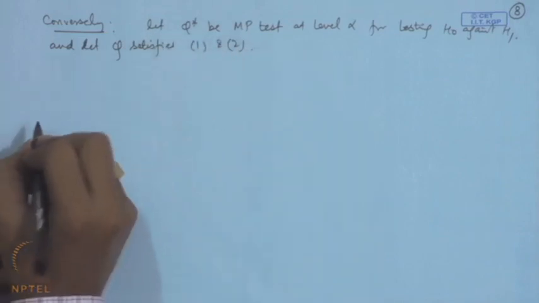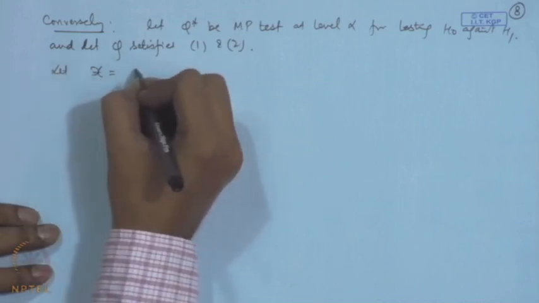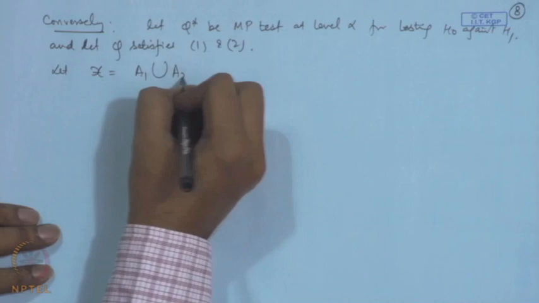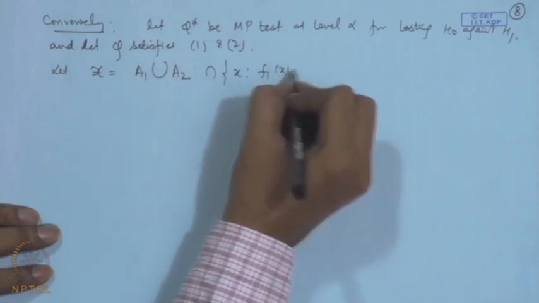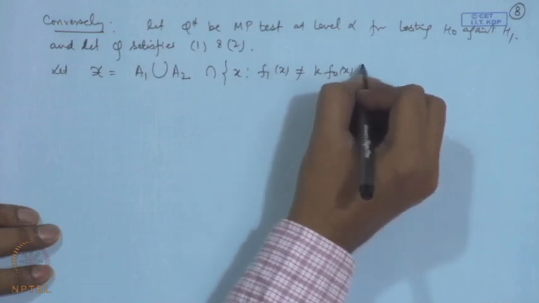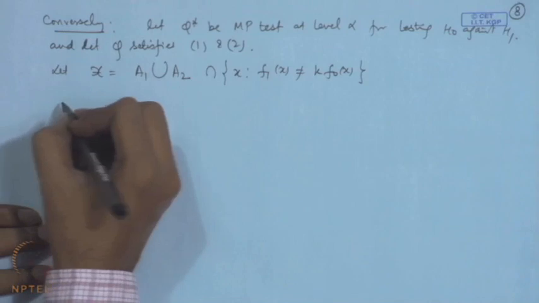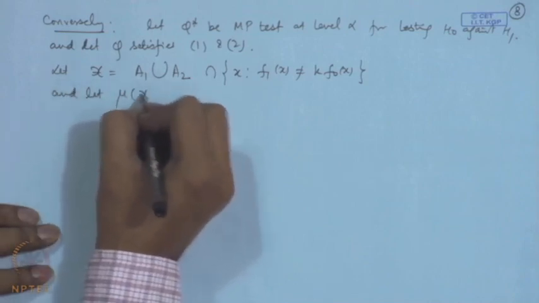Let us consider x as the A1 union A2 intersection with the set of those values where f1 is different from k times f naught, and also assume that the measure of this is positive.